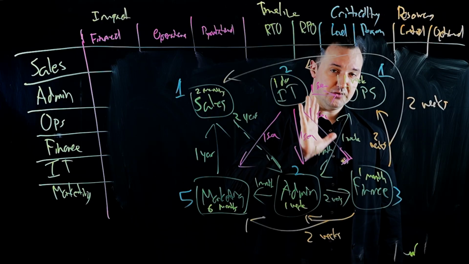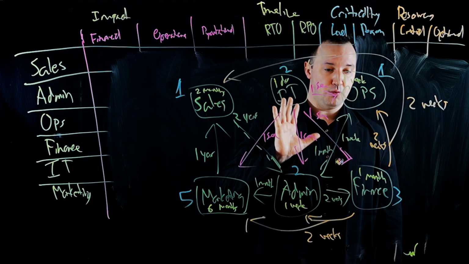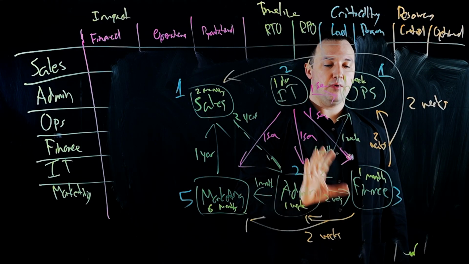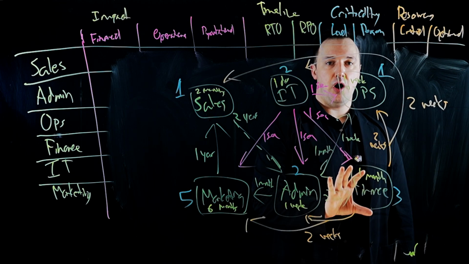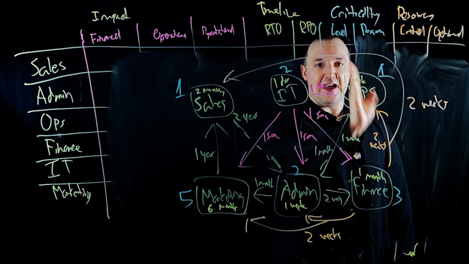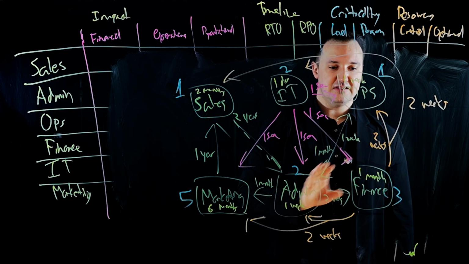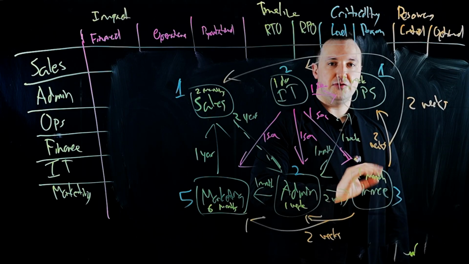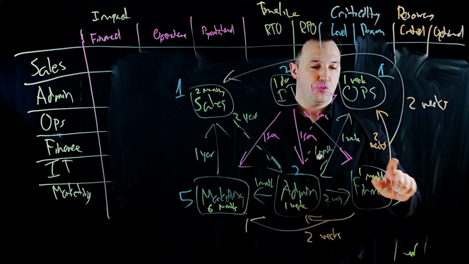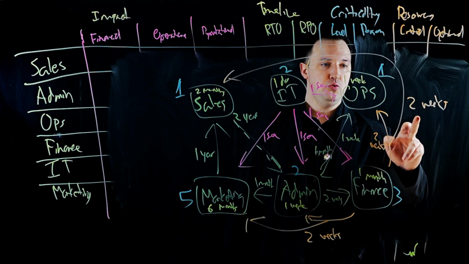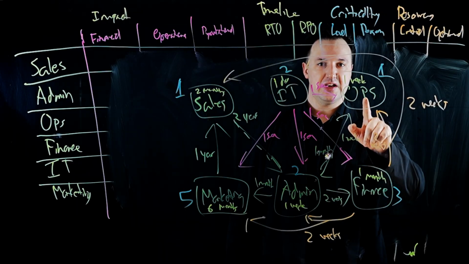But we'll say, for the sake of argument, there's a backup or some redundancy in place where finance doesn't hit a real problem where it starts affecting the rest of the business that it's connected to until its RTO expires. Fine. After 1 month, this 2-week timer starts ticking.